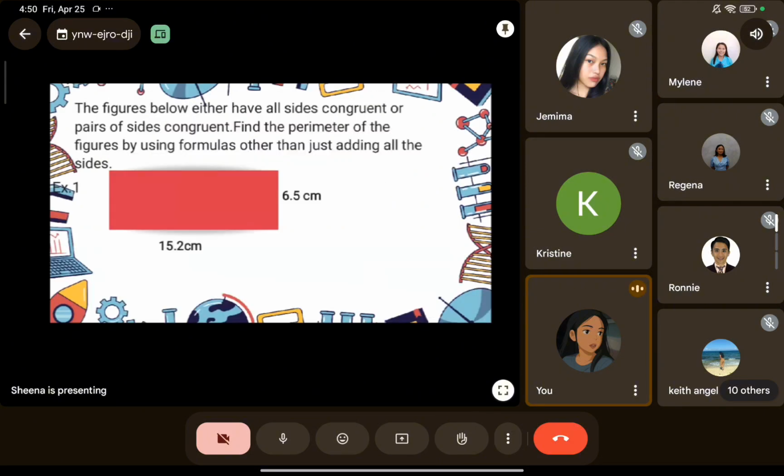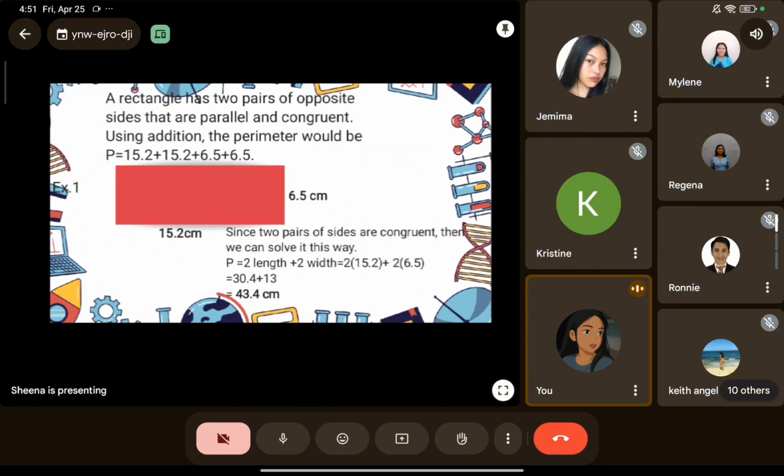So, the figures below either have all sides congruent or pairs of congruent sides. Find the perimeter of the figures by using formulas other than just adding all the sides. So, the example here is 6.5 cm and 15.2 centimeters. Next slide, please. So, a rectangle has two pairs of opposite sides that are parallel and congruent.